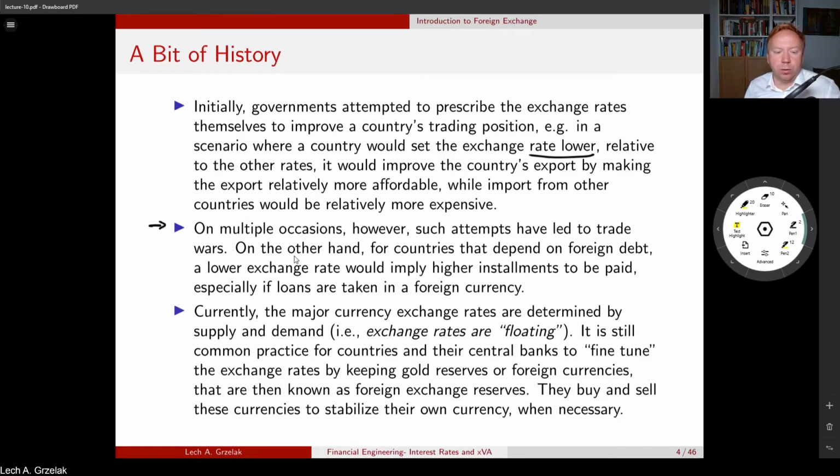On the other hand, for currencies that depend on foreign debt, a lower exchange rate will imply higher installments to be paid if loans are taken in foreign currency. This is what I mentioned, and it is also related to the so-called MMT, modern monetary theory concept, which claims that issuance of debt does not really matter. You can finance everything in your economy. If you have a necessity to spend money, you can do it.